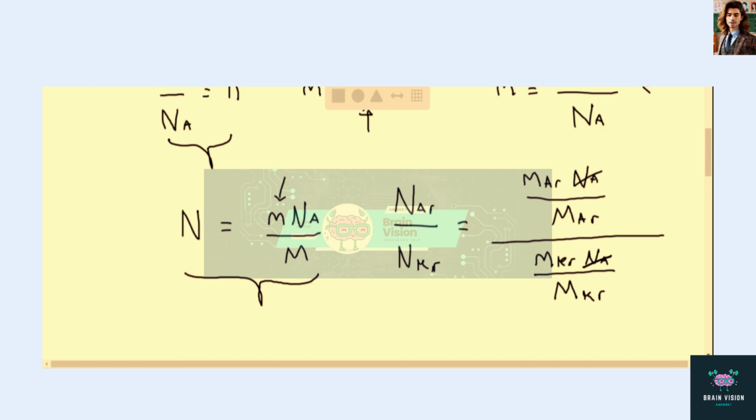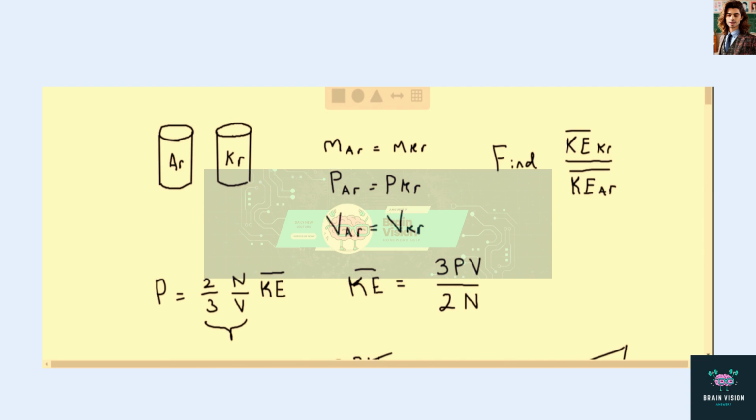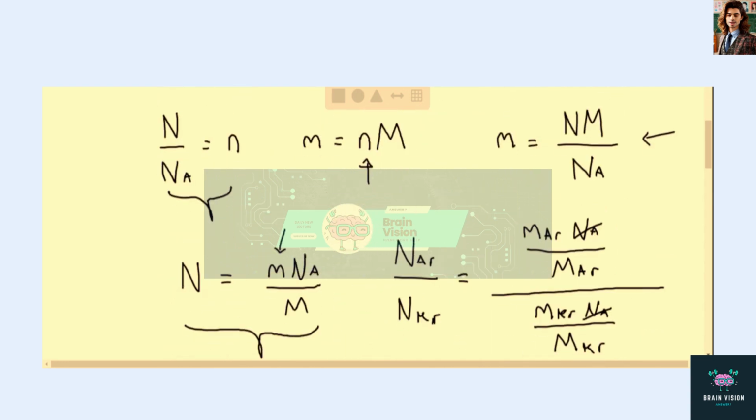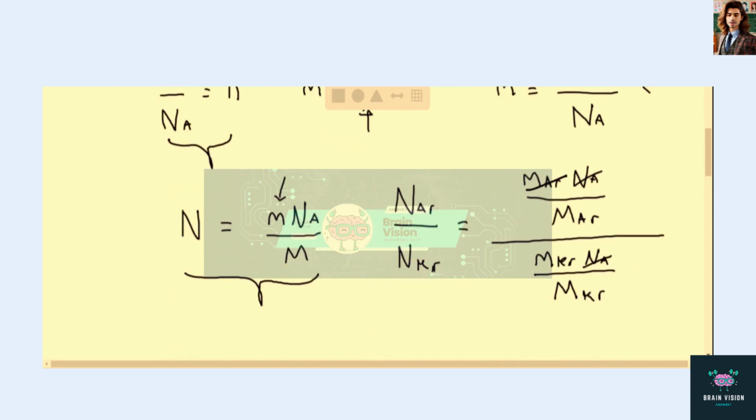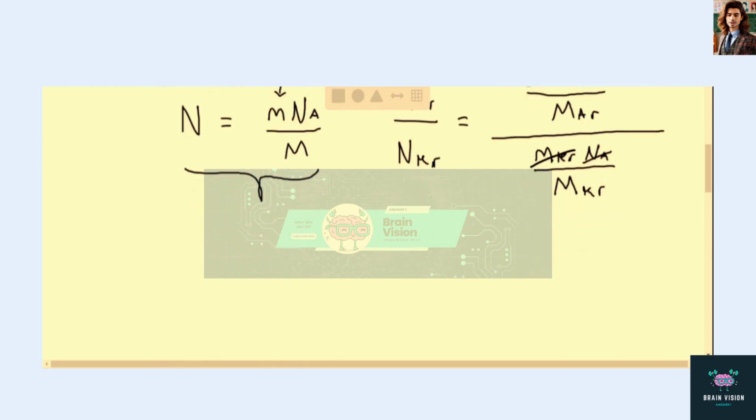And also, the masses, little m of argon and little m of krypton, are assumed to be the same. So we can cancel those out. And again, we're just going to be left with a ratio of molar masses now instead of a ratio of number of molecules, which is going to be 1 over the molar mass of argon divided by 1 over the molar mass of krypton, which is just the molar mass of krypton over the molar mass of argon.